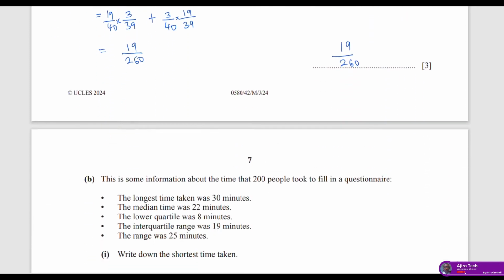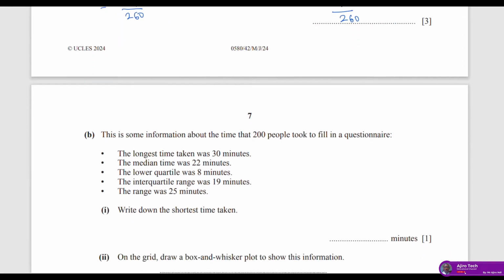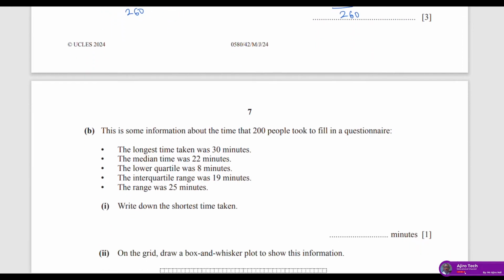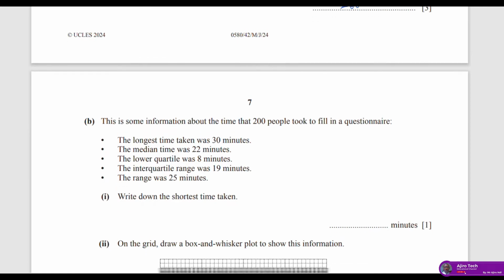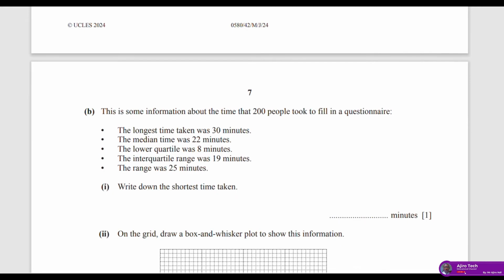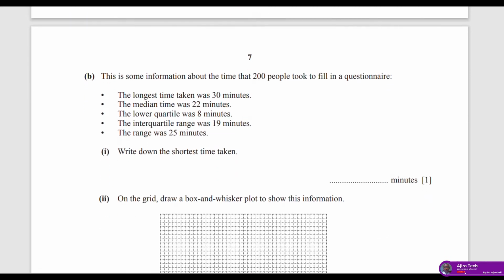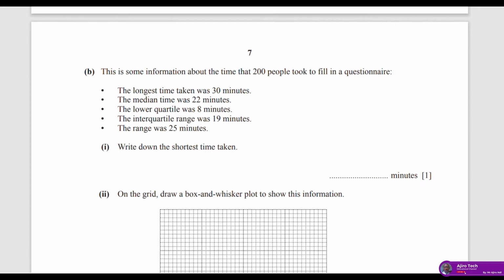Now, this is some information about the time that 200 people took to fill a questionnaire. The longest time, the median, lower quartile, upper quartile. Write down the shortest time taken. Range is longest minus shortest.